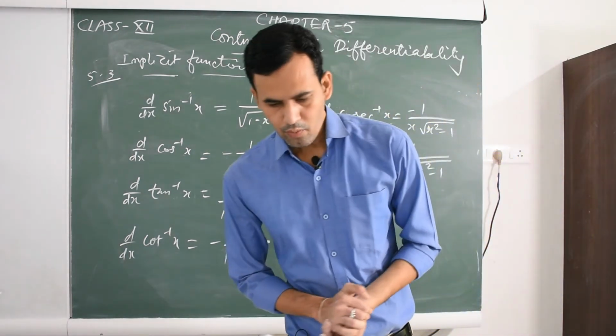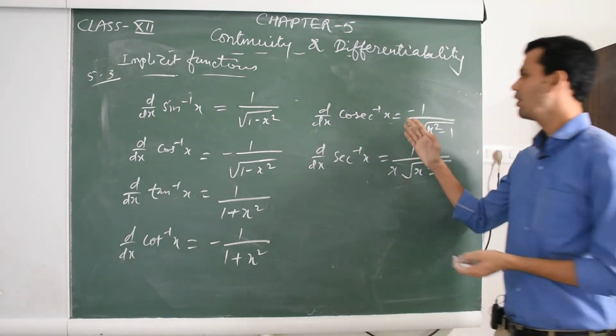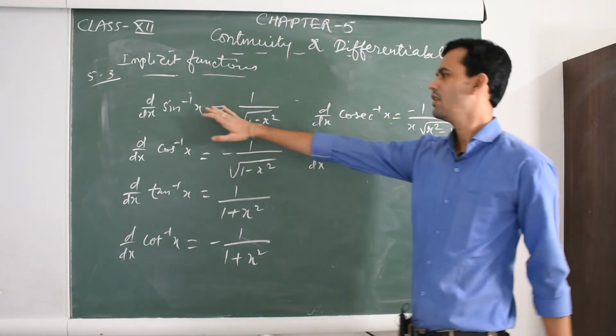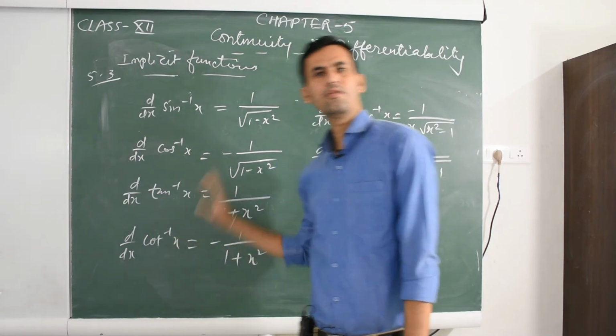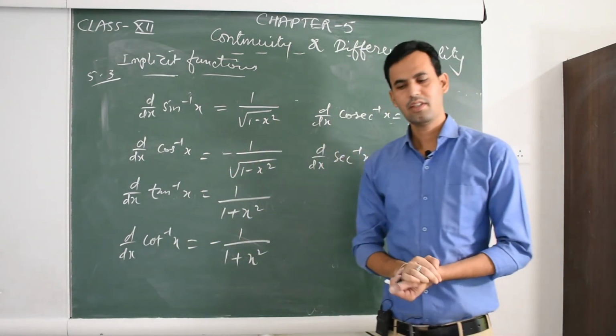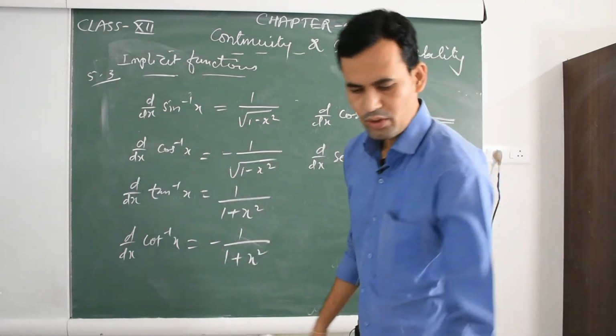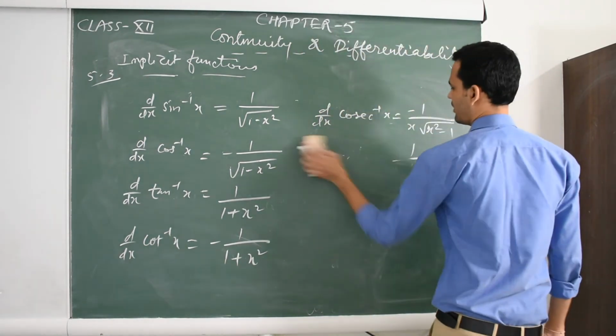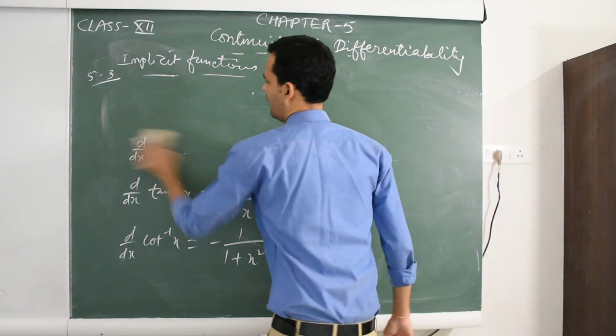So these are the derivatives of inverse functions: sine inverse, cos inverse, tan inverse, cot inverse, cosec inverse and sec inverse. There are 6 derivatives which we use in this exercise 5.3, question number 9 to 15.